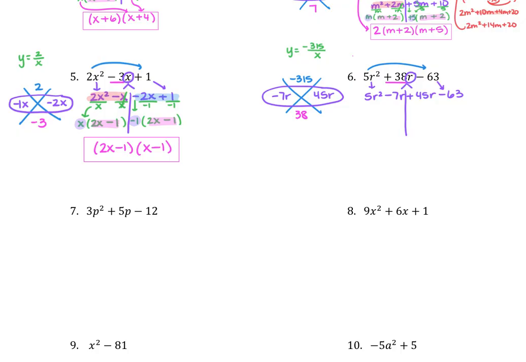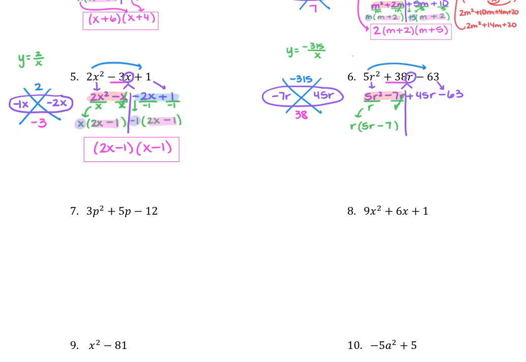And I'm going to look at the first set binomial and see what do these have in common. They both have an r in common, but nothing else, so I'm going to divide both by r. That's going to come out in front of my parentheses. If I pull an r out of 5r squared, that's going to leave me 5r. If I pull an r out of -7r, that's going to leave me -7.